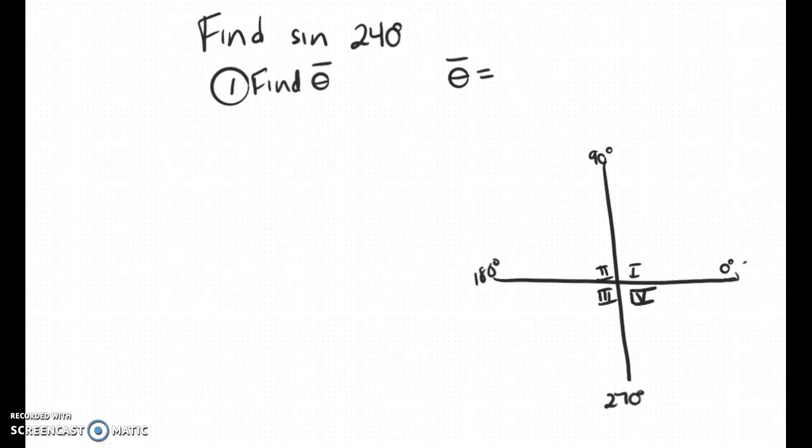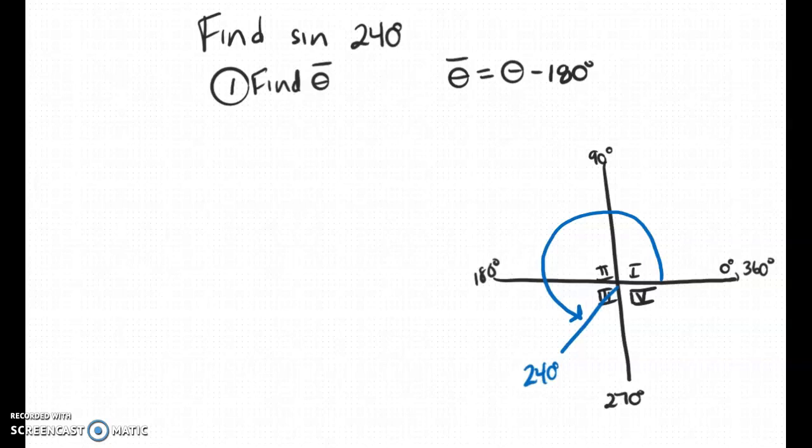A complete circle goes 360 degrees around. In this particular one, my angle would fall somewhere here. The terminal side for 240 degrees would fall into quadrant 3. So that means I'm going to use the reference angle formula: I take the angle and subtract 180.